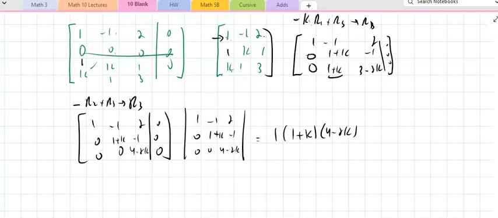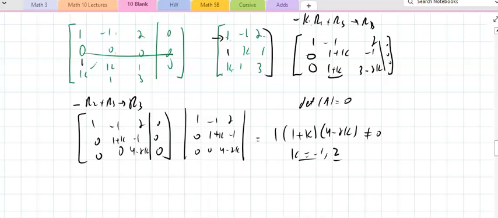If the determinant equals 0, this will have no solution. If the determinant equals 0, you'll have no solution. And if it doesn't equal 0, so if k doesn't equal -1 or 2, well, let me put it this way.